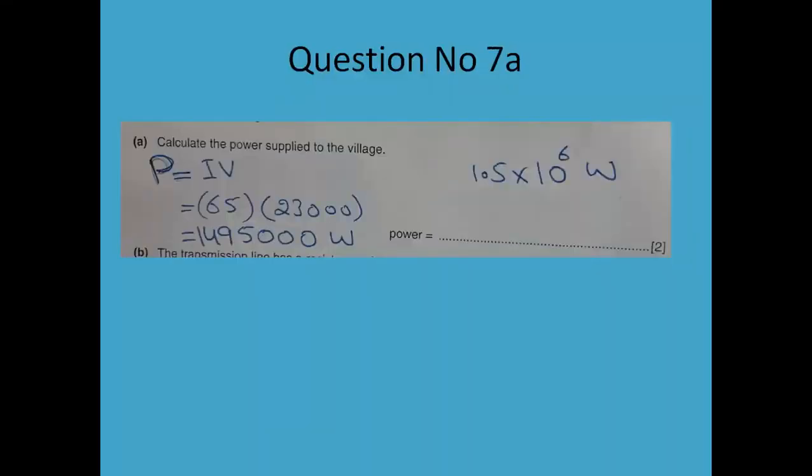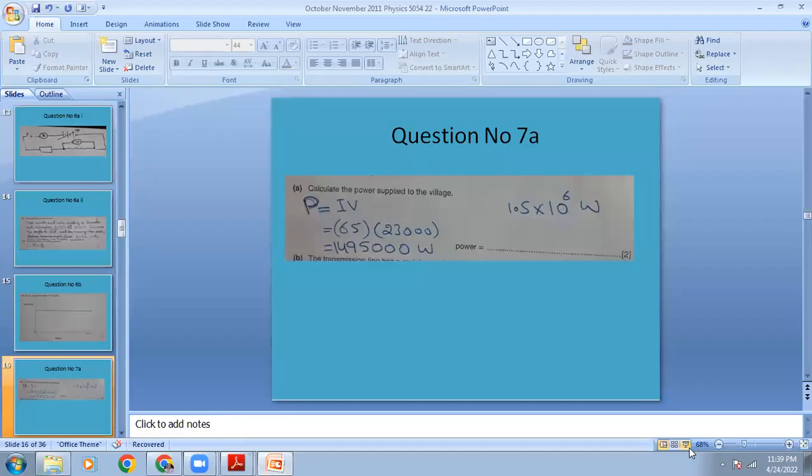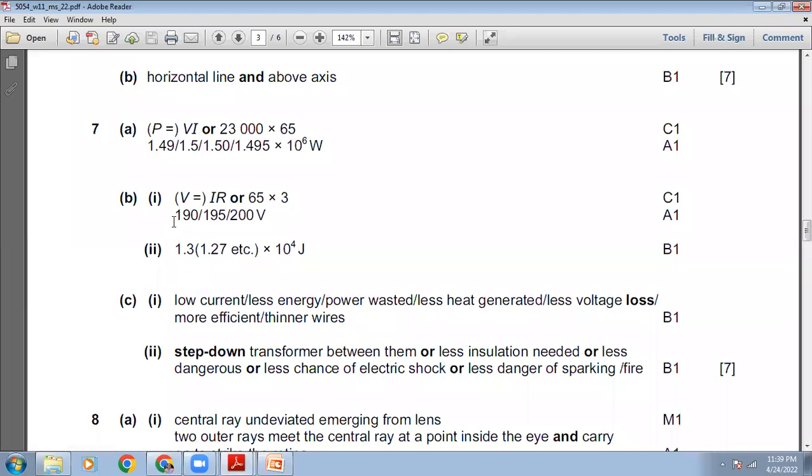So 65 ampere multiplied by 23,000 volt, and the power will be 1,495,000 watt, approximately 1.5 x 10^6 watt. So let's check the markings here. Yeah, 1.49 x 10^6 watt, or 1.5 x 10^6 watt.